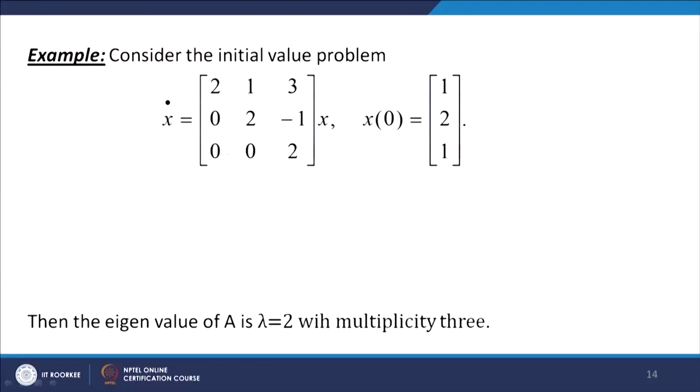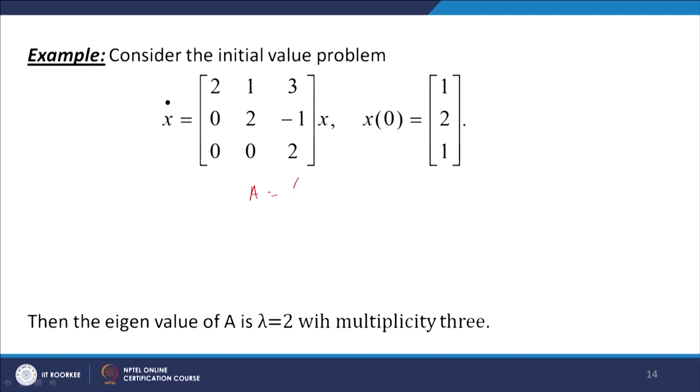Now, in the case of this initial value problem, x dot equal to the matrix [2 1 3; 0 2 -1; 0 0 2] x, with x(0) equal to (1, 2, 1), you can see that lambda equal to 2 is an eigenvalue of A with multiplicity 3.